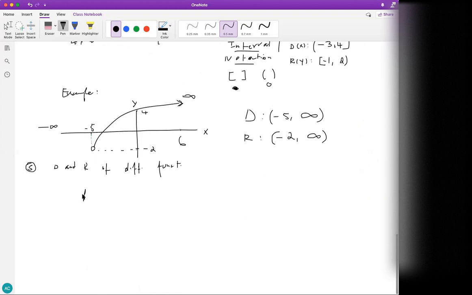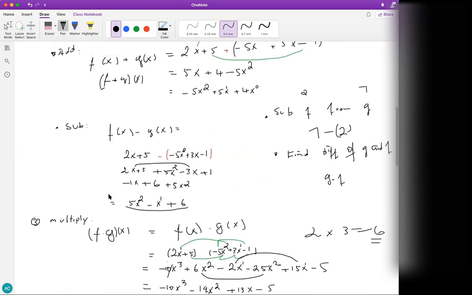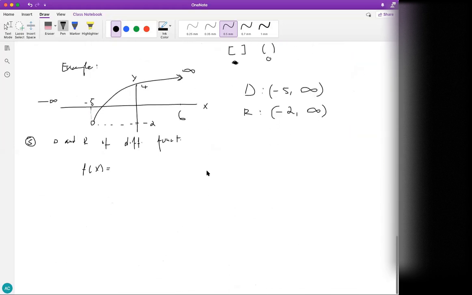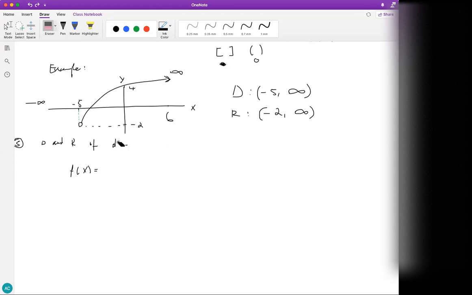So we're going to see next time how to find the domain of, so far, polynomial functions, at least these first three, we covered them. Next time we're going to see some non-polynomial functions. We're going to call this non-polynomial functions.